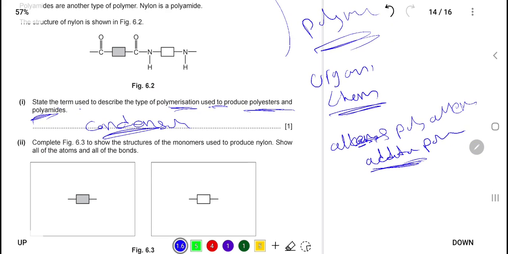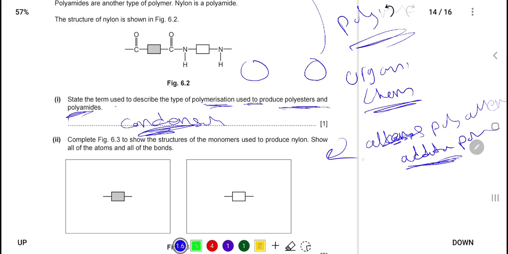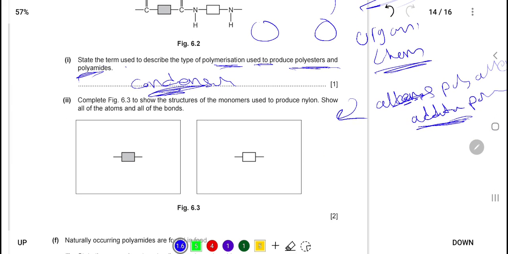Addition polymerization is from the alkenes into polyalkenes. Condensation is when there are two functional groups. For example, let's see this: show the structures of the monomers used to produce nylon. Nylon has two types of functional group that will form it.